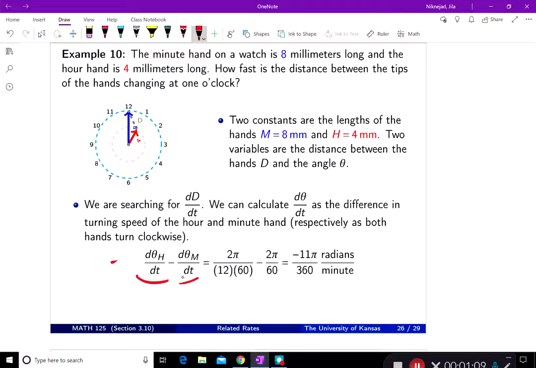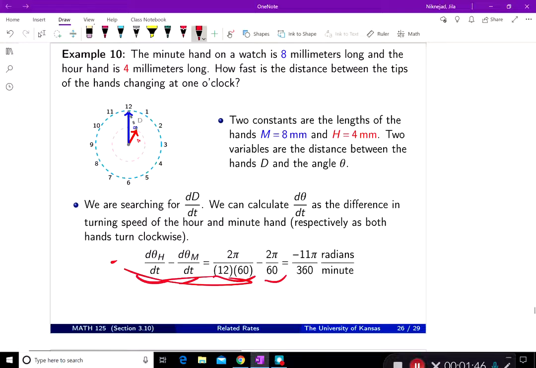1 o'clock the minute hand is getting closer and closer to the hour hand, and so I have to have a negative value in there. The angular speed of the hour hand is a full rotation, 2 pi divided by 12 times 60, the number of minutes in 12 hours, and the angular speed of the minute hand is the full rotation divided by 60 minutes.